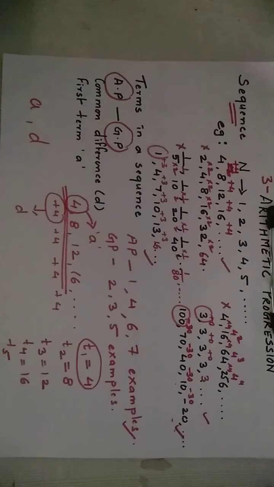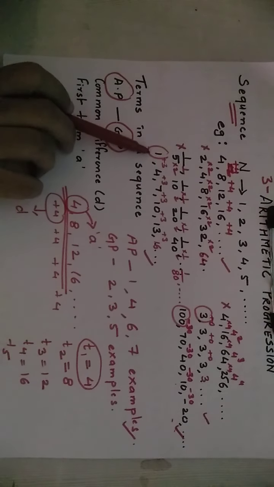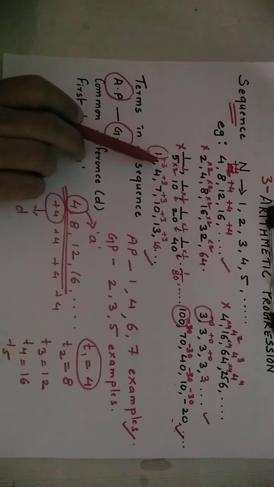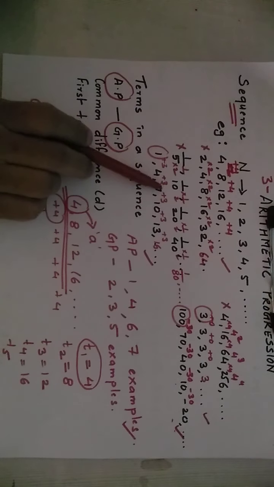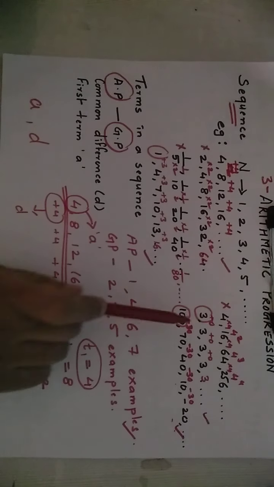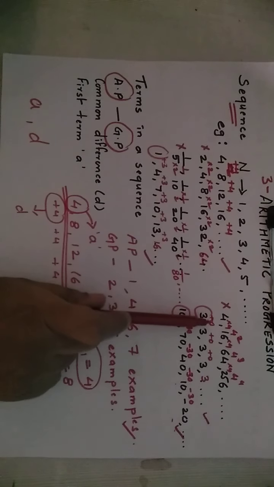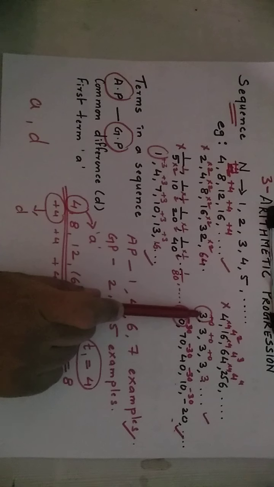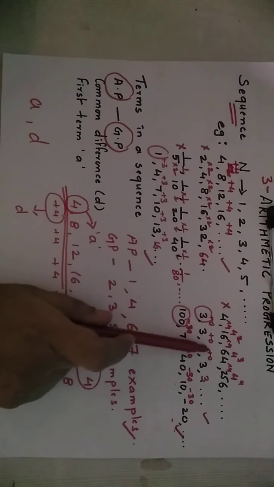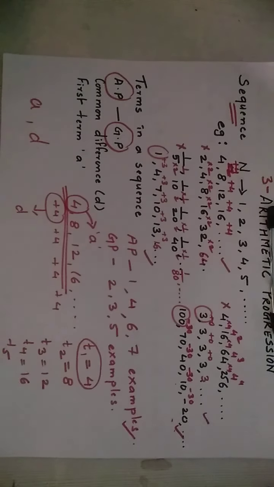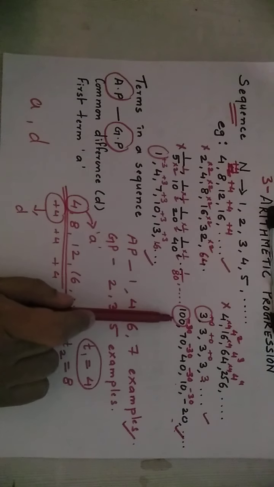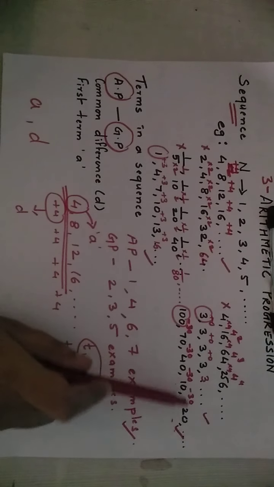Now in the fourth example, A will be 1, common difference will be 3. We are adding 3 every time. In the sixth example, A will be 3, that is the first term will be 3, and the common difference will be 0. We are adding 0 every time. In the seventh example, A will be 100, that means the first term, and the common difference will be minus 30.